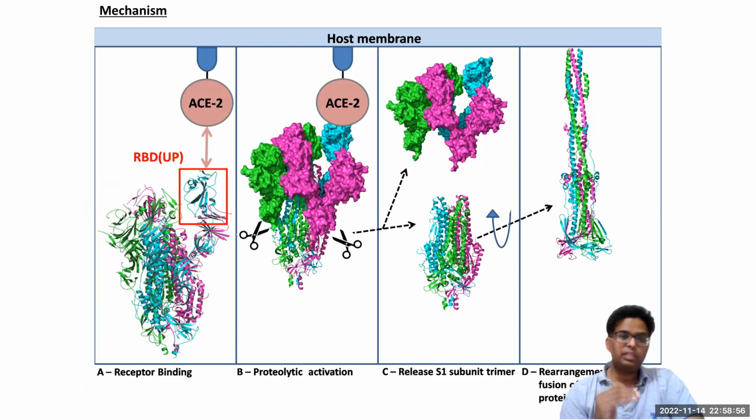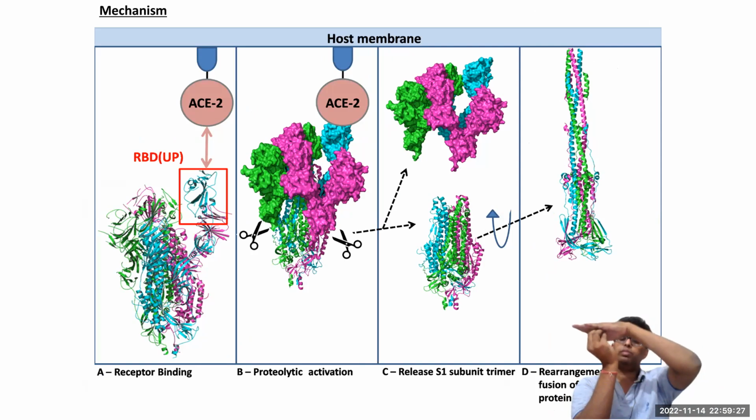Okay, this is the mechanism. Suppose the receptor binding domain is on the spike glycoprotein, and this red box is the RBD in up orientation. When it is up, it binds with the human ACE2 receptor. This is the COVID virus and this is the spike protein with the S1 domain; it opens the receptor binding domain, and now it binds with the human ACE2 receptor.